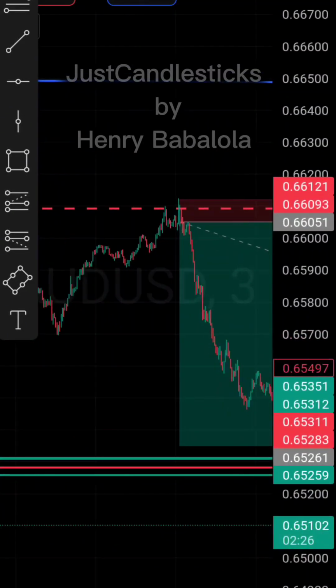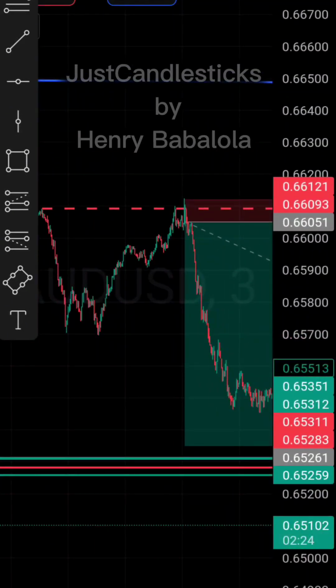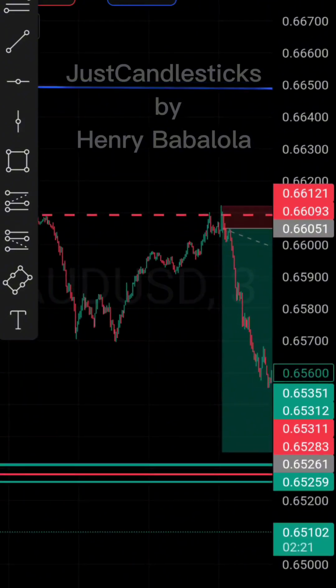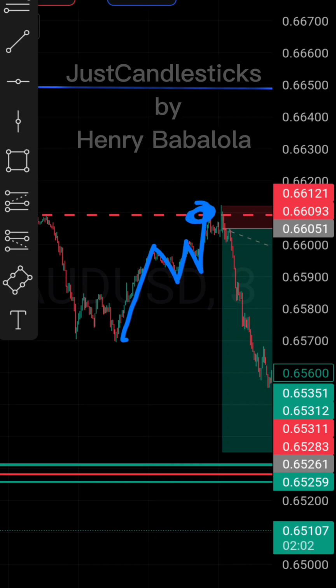So this is it. Now I want you to look at something here. Remember the things we are paying attention to. We are paying attention to levels. We are paying attention to market structure. And at the same time, we pay attention to what? Candlestick structure. Now, here, before we enter, in our entry, very unique entry, look at the market, giving you a market structure going up. So it touched it here.